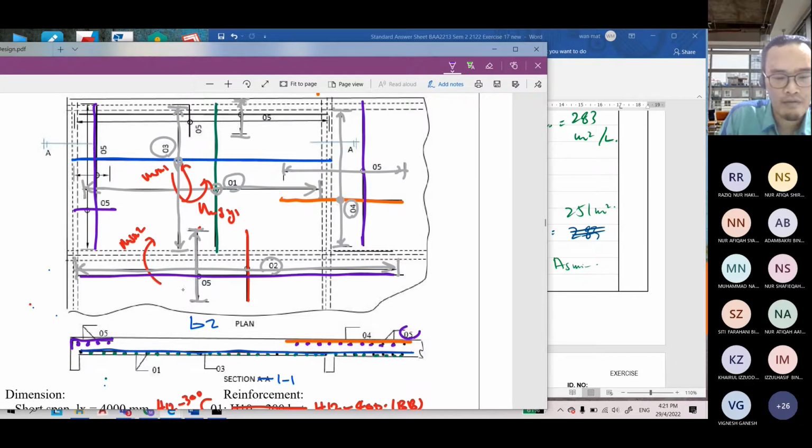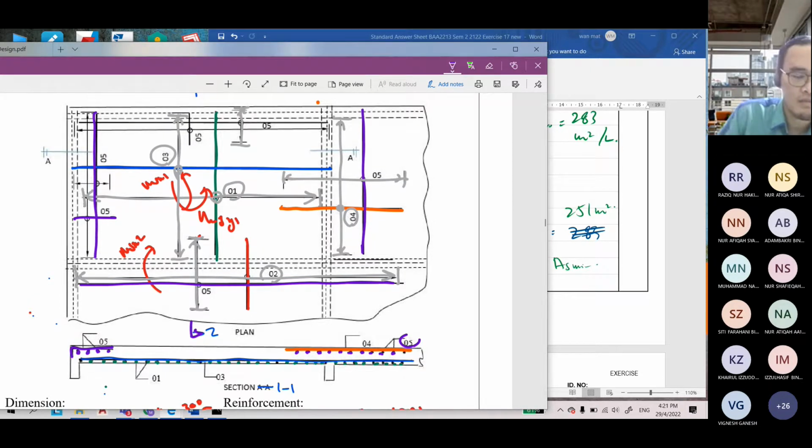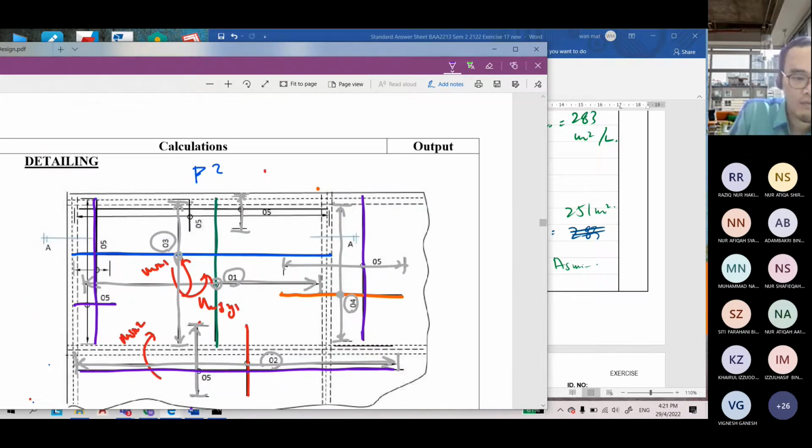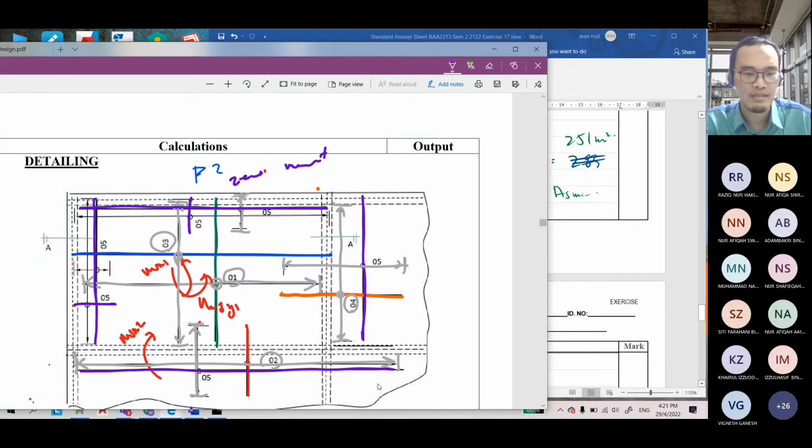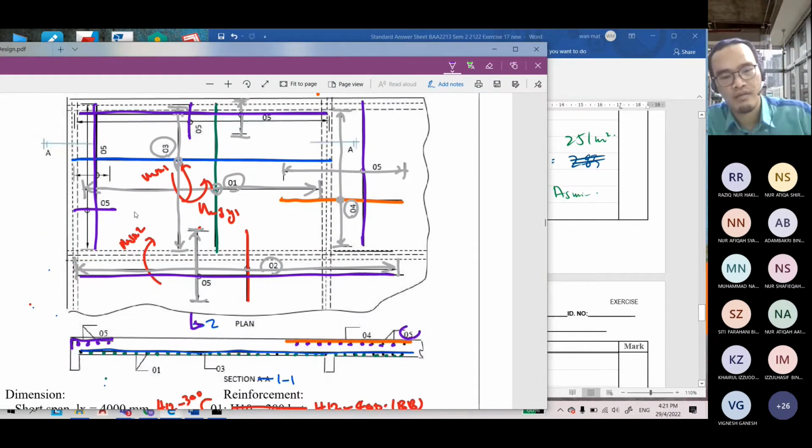So you can try to do the section of 2 and then try to locate the reinforcement later. This is also 0.5. This one also 0.5. Because the bending moment here is 0, but we have to provide the minimum. This one also you have to provide as the transverse reinforcement. Okay, if you are still okay.